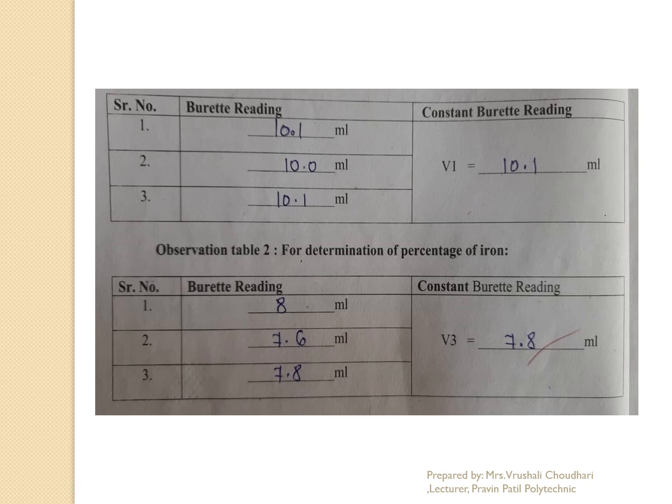This is the first chart, for the standardization of KMnO4. Second chart is the titration of KMnO4 against iron solution. First reading is 8 ml, second reading 7.6, third is 7.8. So we have to take the average of these three.